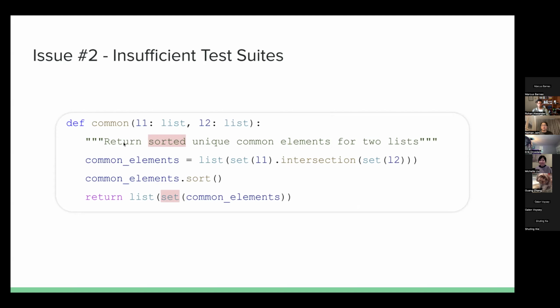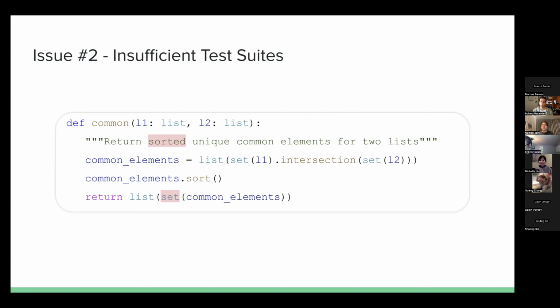This has been investigated in previous works, where there was this original question in HumanEval, def common and n L2, where the prompt said to return sorted unique common elements for the two lists. But it turned out that the test cases were weak enough that if you just return a set of common elements, it passed the test case based on some property or randomness of the set.